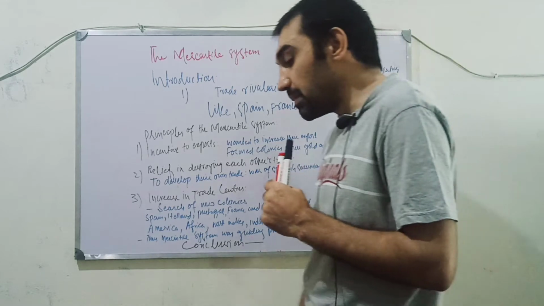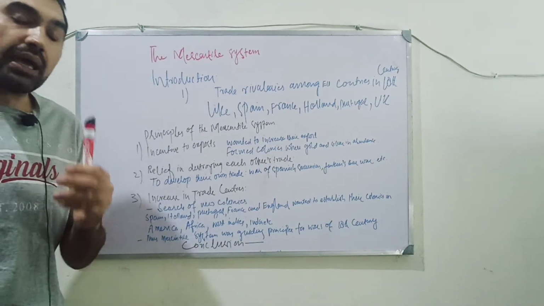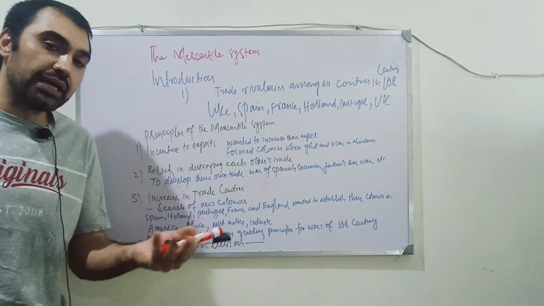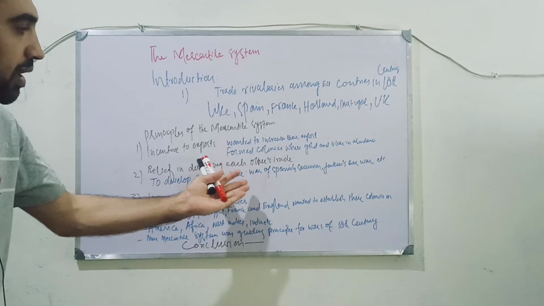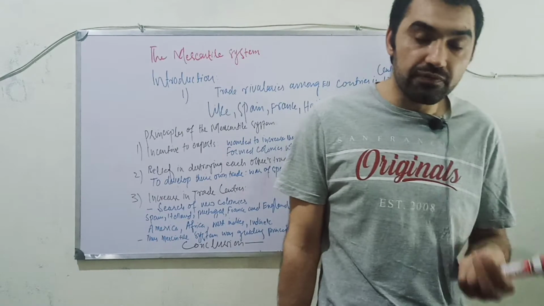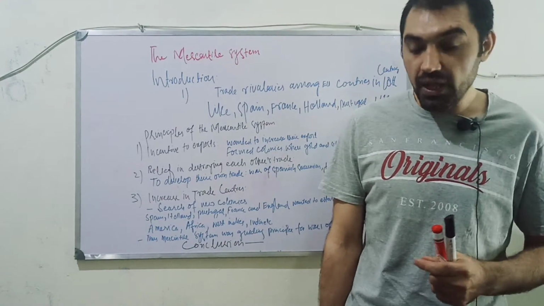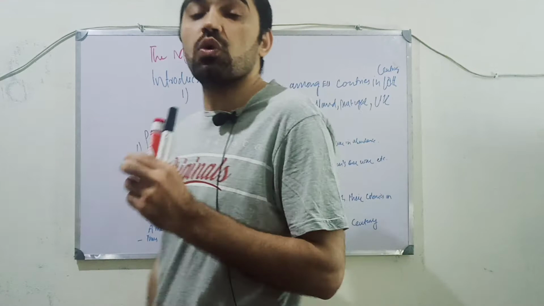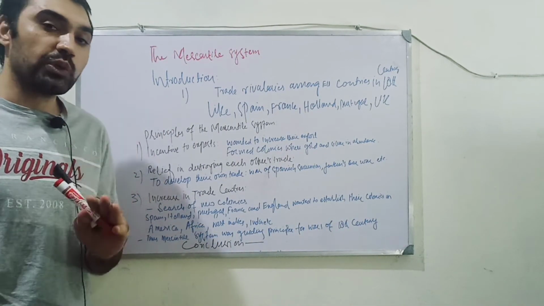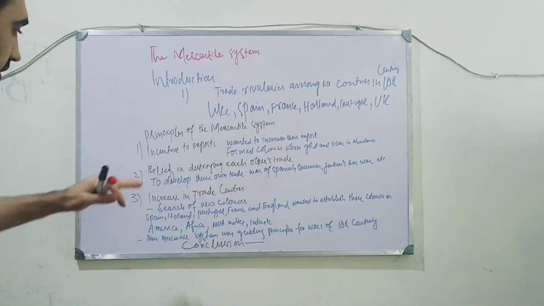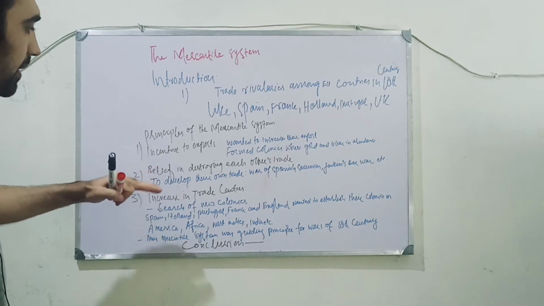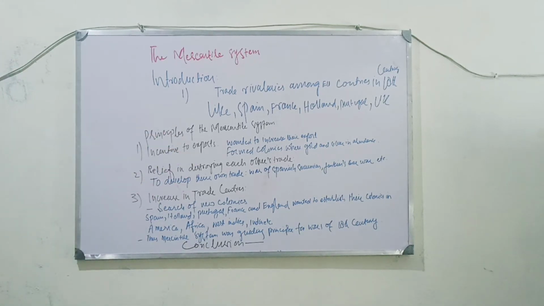For this reason, many wars were fought, and we have had a detailed discussion on those wars, like the War of Spanish Succession, Jenkins' Ear War, even the War of American Independence and the War of Austrian Succession. All these wars were fought for one sole reason, and that was trade. So the second important principle of this mercantile system is belief in destroying each other's trade.